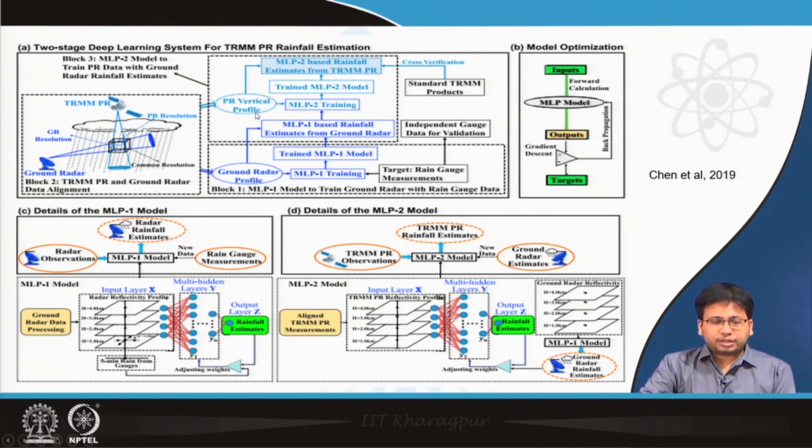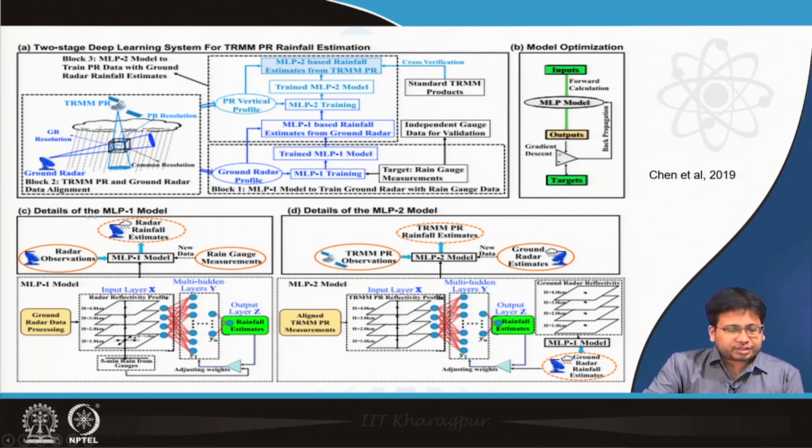So the input is the spaceborne radar, and the output is what is obtained from MLP1, which has already been calibrated with the ground-based observations. The combined effect of these two MLPs is that the spaceborne observations are calibrated with the ground radar observations, and we can then validate it using cross validation techniques against standard TRMM products and so on.